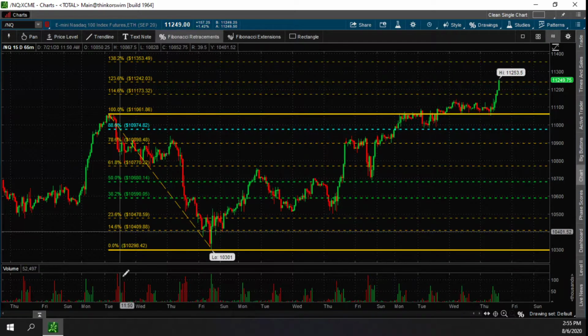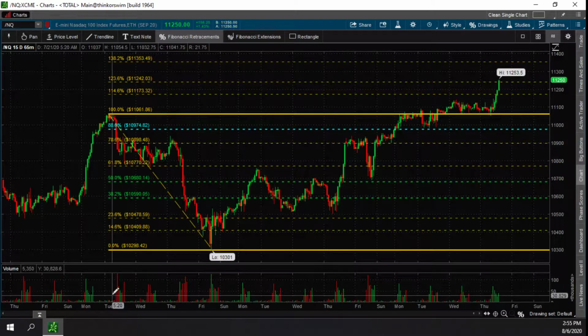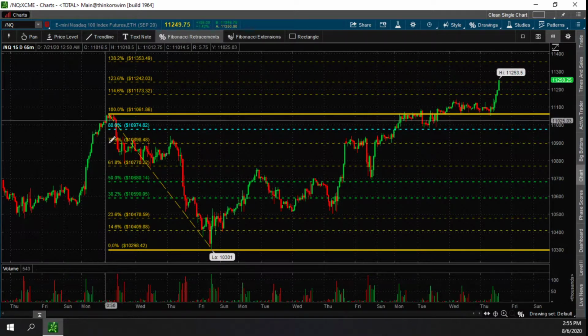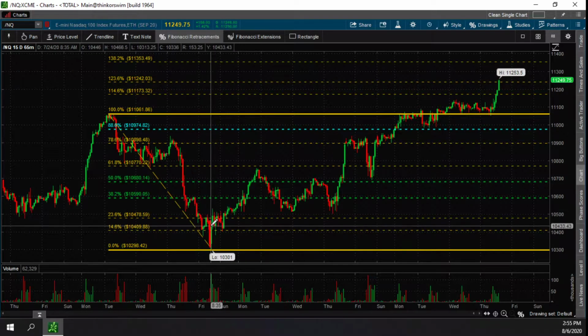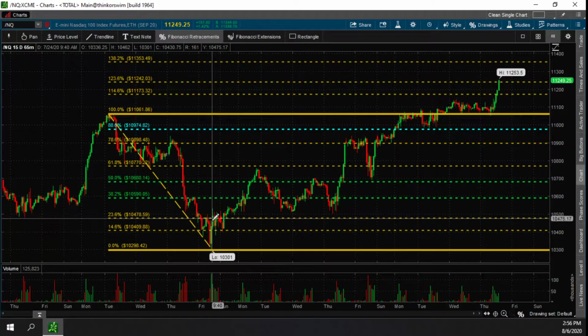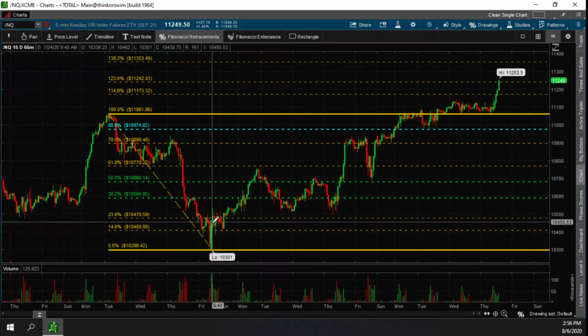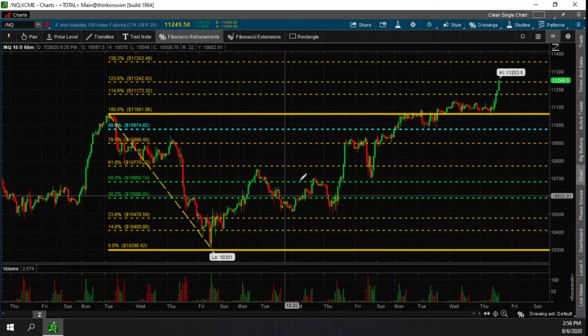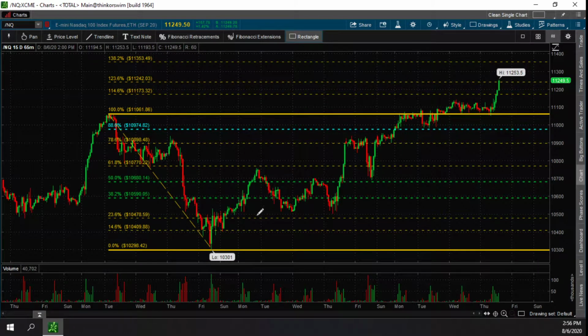This high was Tuesday, July 21st, and the low was Friday, July 24th. I might draw a box here so we could understand a little better.